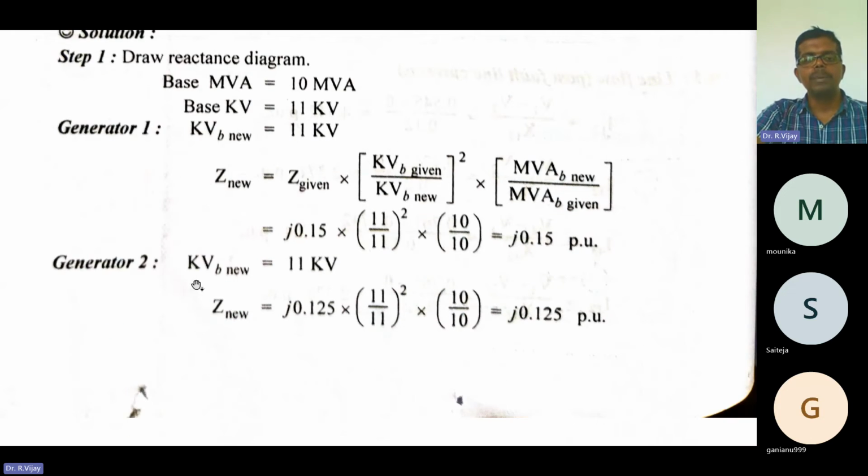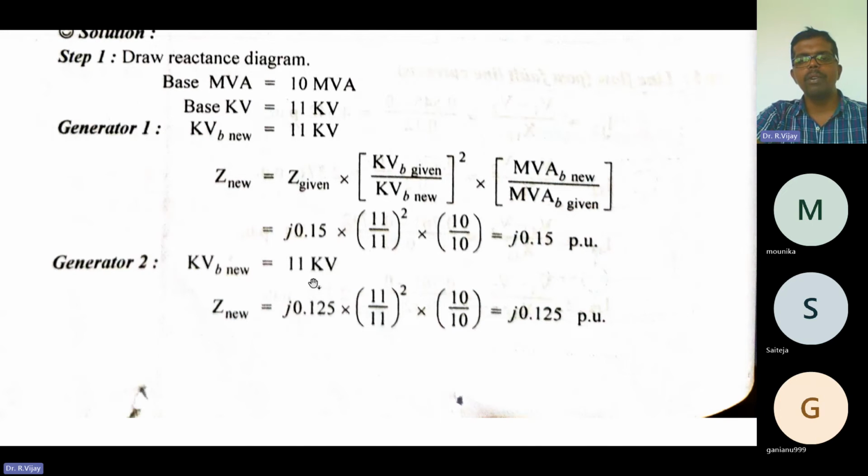Next, similarly for generator 2, KVB new is equal to 11 kilovolt, the same, and MVA also 10 MVA. So here the same formula: Z new is equal to Z given into KVB old divided by KVB new, the whole square, into MVA new divided by MVA old. Here you need to substitute all the values.